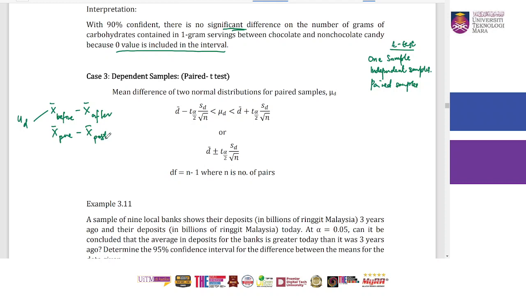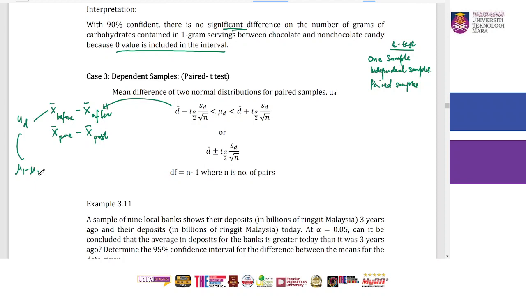Okay, pre and post, boleh juga. So that is D. Okay, mu D. So this one adalah mu D. Sebelum yang ni kita akan dapat ini. So D ni refer kepada this one. Kita gunakan sample, so we have a X bar before. And of course kalau yang mu D ni kita gunakan mu lah, so mu 1 minus mu 2 lah biasanya, ataupun mu before minus mu after.